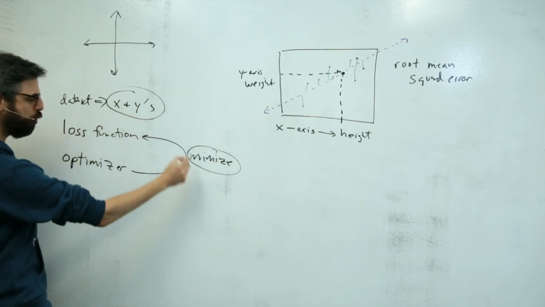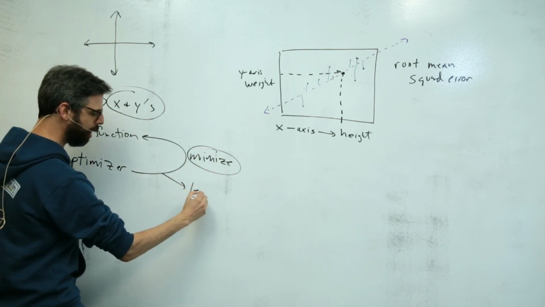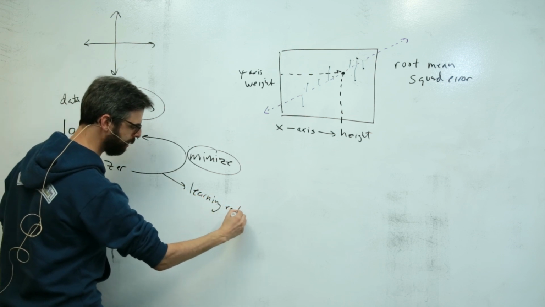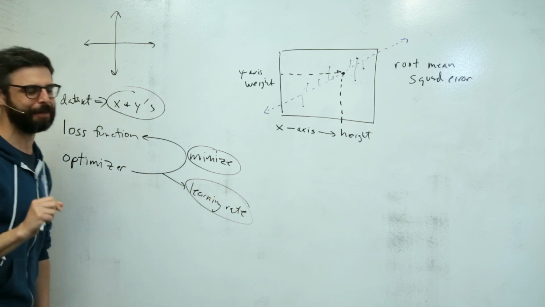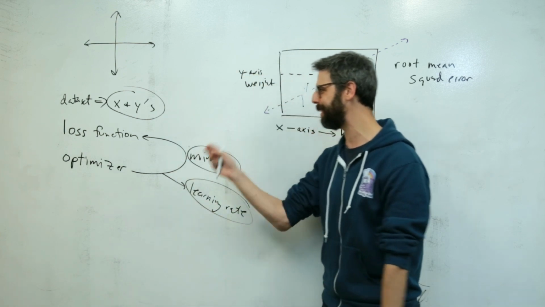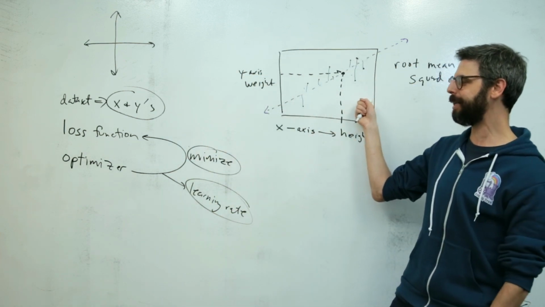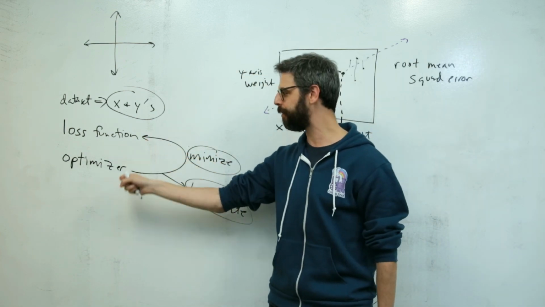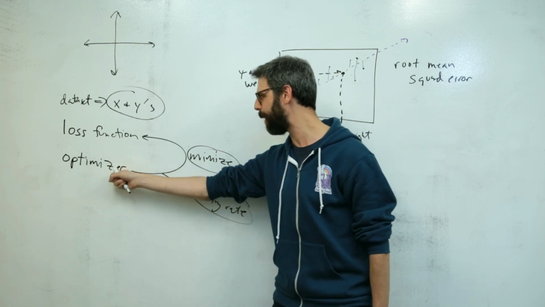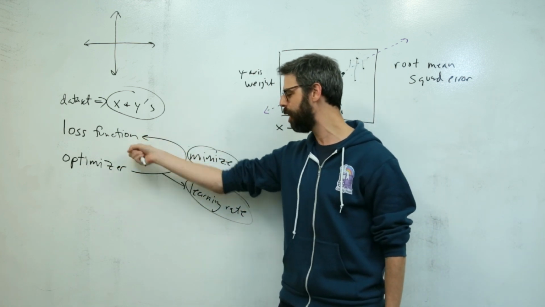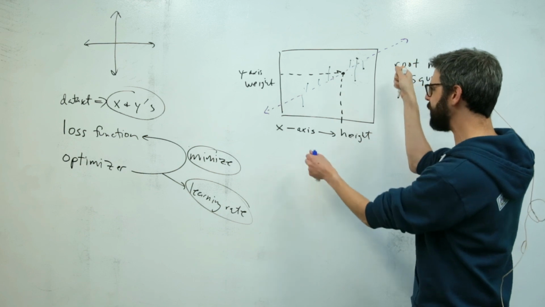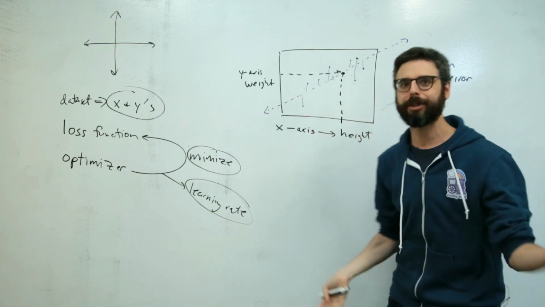And in order to do that, I also need to have a learning rate. I actually missed something very important here, but these are all the pieces. I need the data. I need to define a loss function. I need to define an optimizer. I say, hey, optimizer, minimize the loss function with this learning rate. So keep tweaking the parameters. That's the thing I forgot.